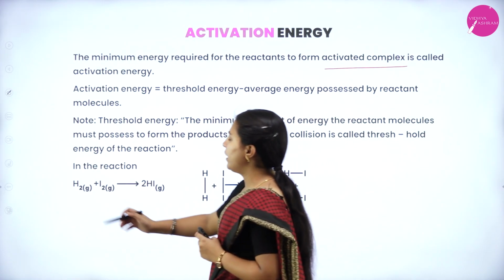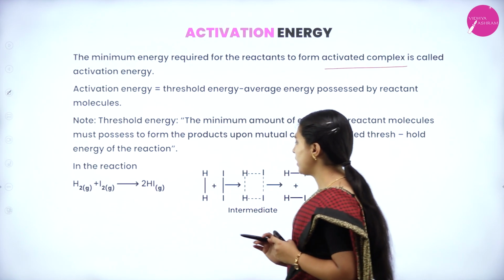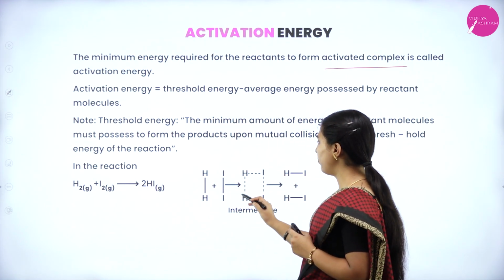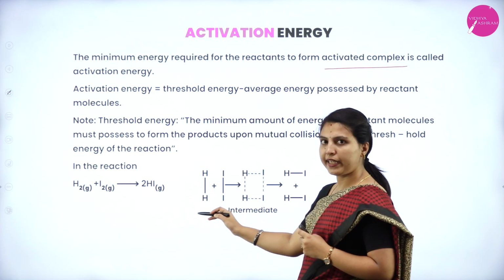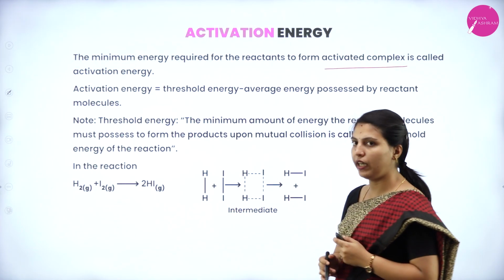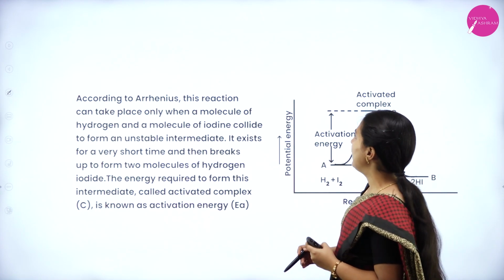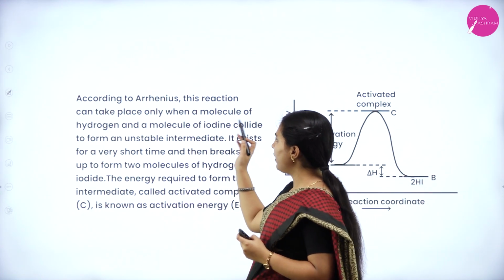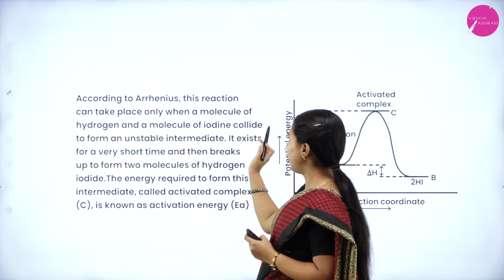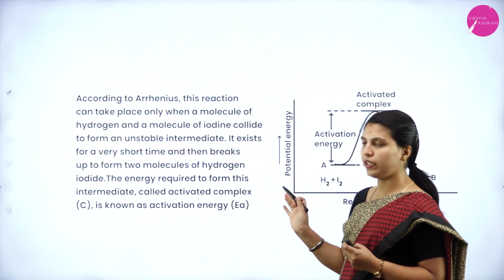Here, hydrogen plus iodine form hydrogen iodide. According to Arrhenius, this reaction can take place only when a molecule of hydrogen and a molecule of iodine collide to form an unstable intermediate.